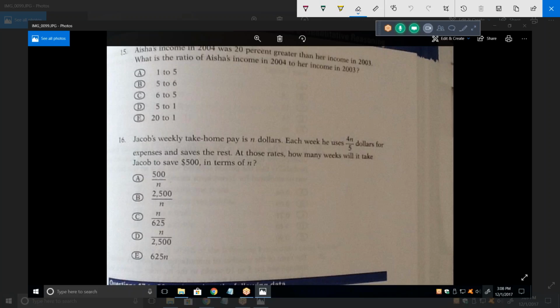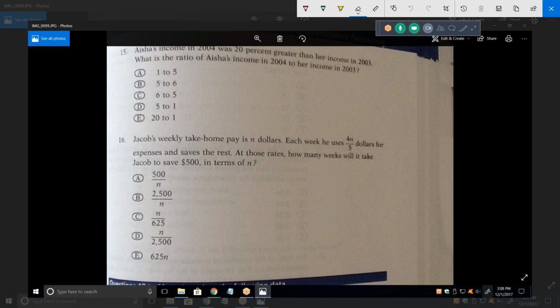And that flag is that they have variables in the problem, n, and every answer has a variable in it. Aha. You should notice that instantly. What does that allow you to do? Put in numbers? Exactly. Make up numbers for n.